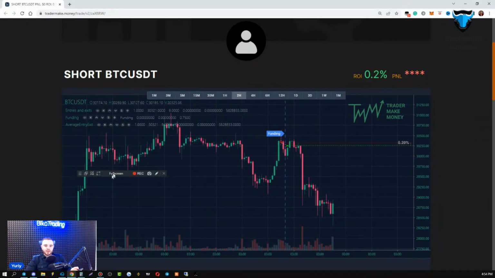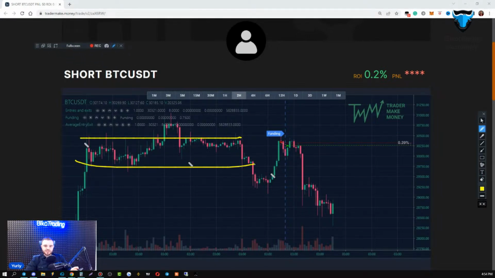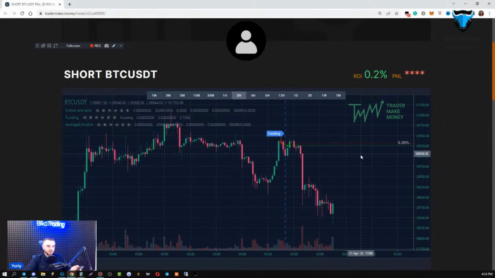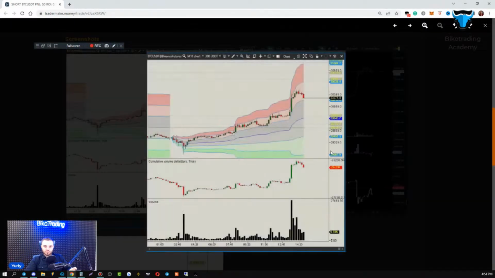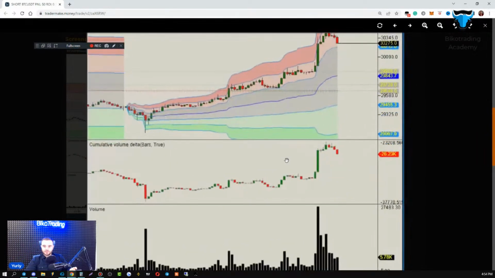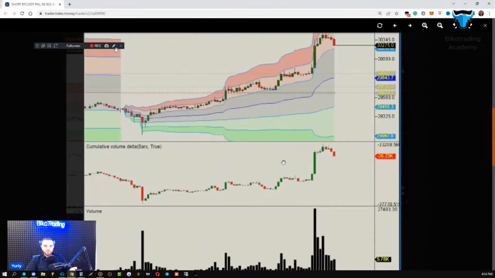What was the reason why I decided to take a short here? First, BTC retested this significant volume. Here was a massive volume profile. And have a look at this beautiful delta, this beautiful cumulative delta. Super positive.